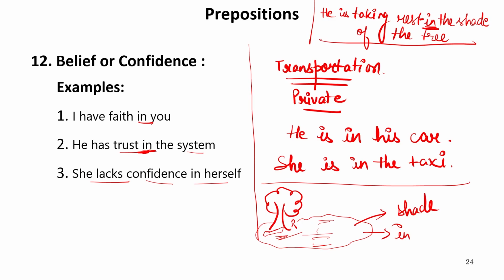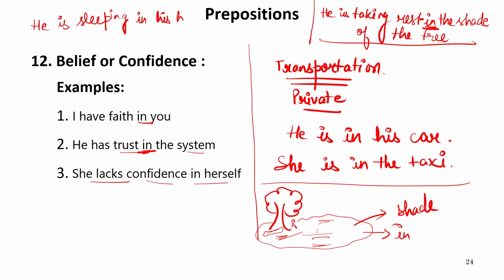One more thing is there for in, that if a person is lying comfortably in his bed or he's sleeping in his bed, we will say he is sleeping in his bed. He's sleeping soundly in his bed.